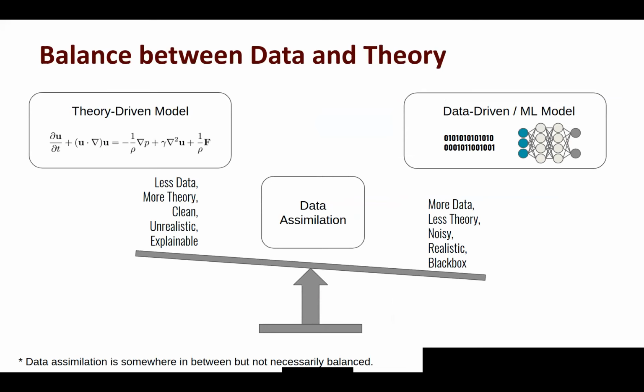Now, in addition to the mathematical governing equations and also the mathematical structure, another key factor that plays into this balance is the data. So the amount of data you have more or less determines the method you want to use. Traditionally, think about several hundred years ago when data collection was relatively harder compared to now, and there were not so many digital devices for people to easily grab some data.